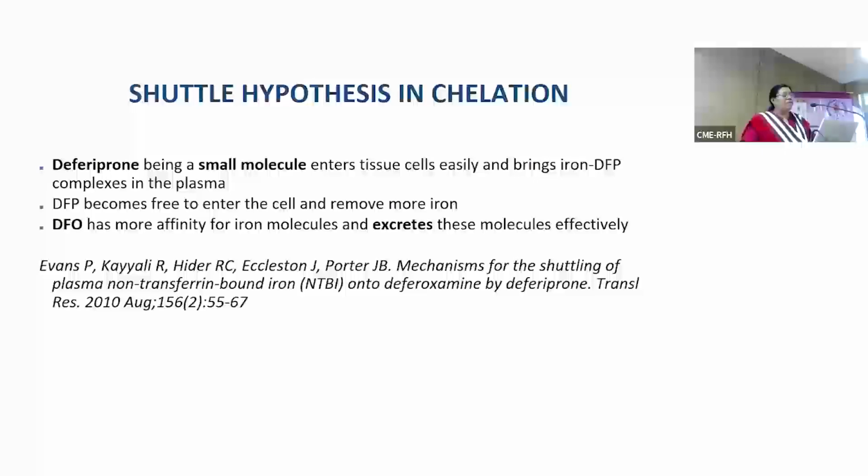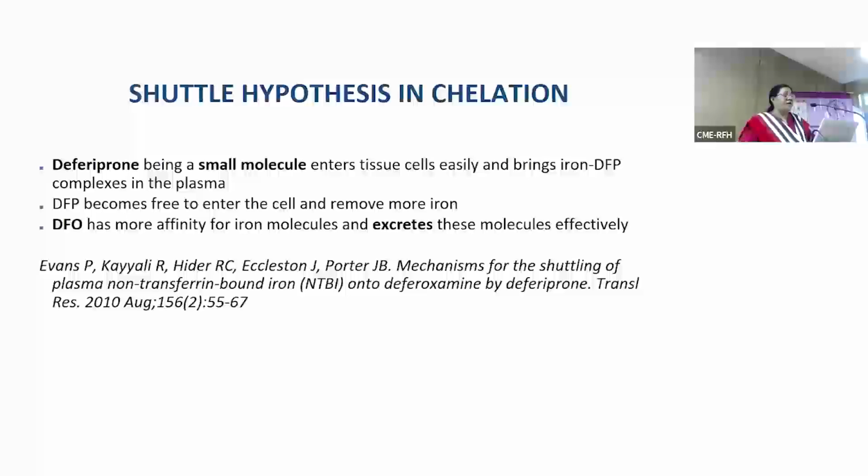So DFP becomes free and again re-enters the cell to remove excess iron. In the quiz, the question was asked why Kelfer is the more preferred drug in cardiac failure, in myocardial deposition, as compared to other drugs.